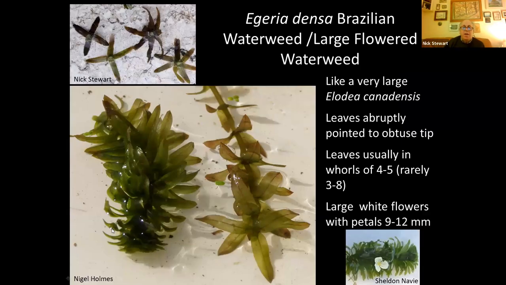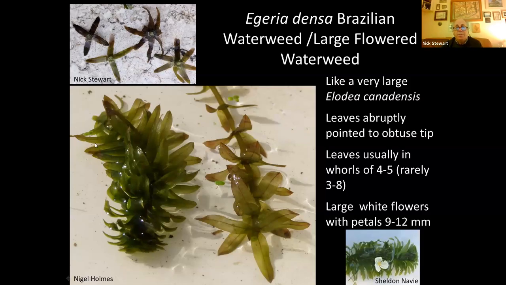It has leaves in usually 4 or 5 in a whorl, which immediately separates it from the Elodeas. It's sometimes sold as Elodea densa, but it isn't an Elodea because of the number of leaves in the whorls.